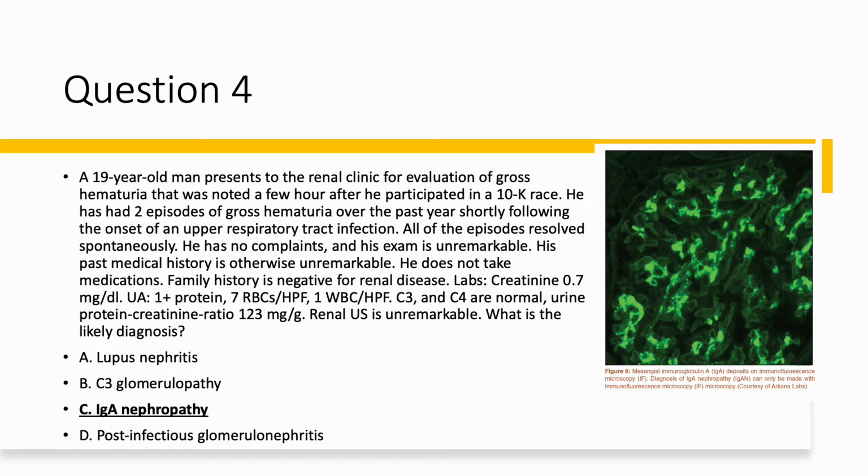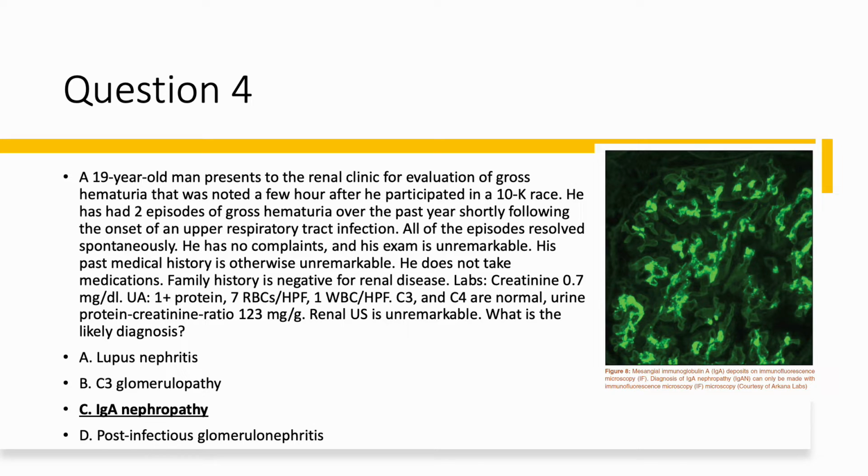Post-infectious GN is a possibility, but C3 and C4 can be low in many cases. So this scenario fits IgA nephropathy better. C3 glomerulopathy initially looks like post-infectious GN. You can only diagnose it on a kidney biopsy, and the scenario doesn't fit that diagnosis.